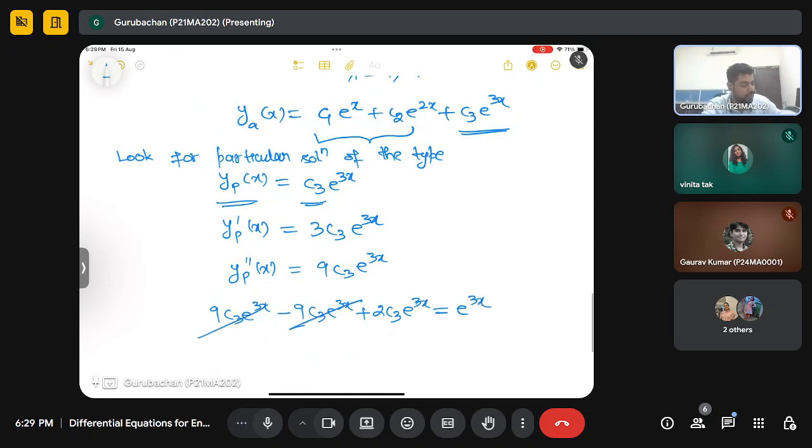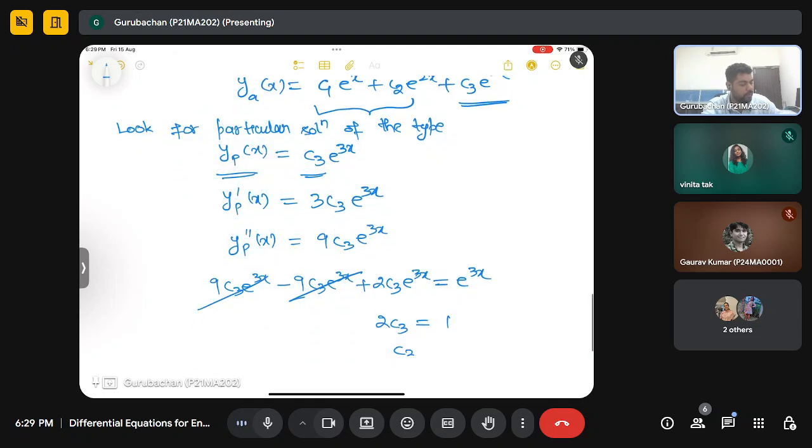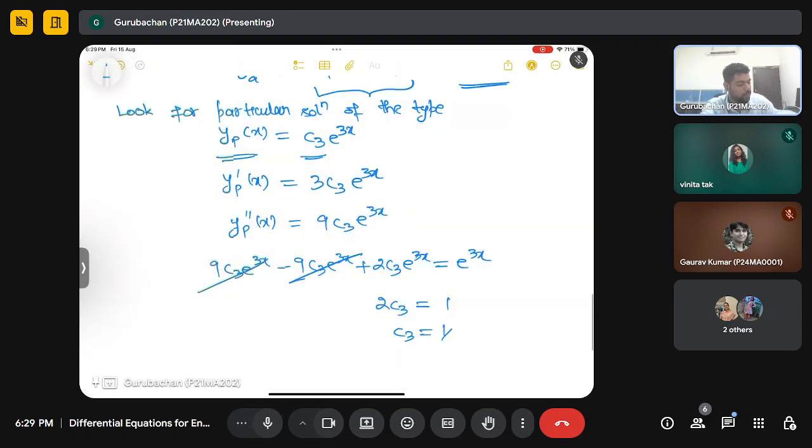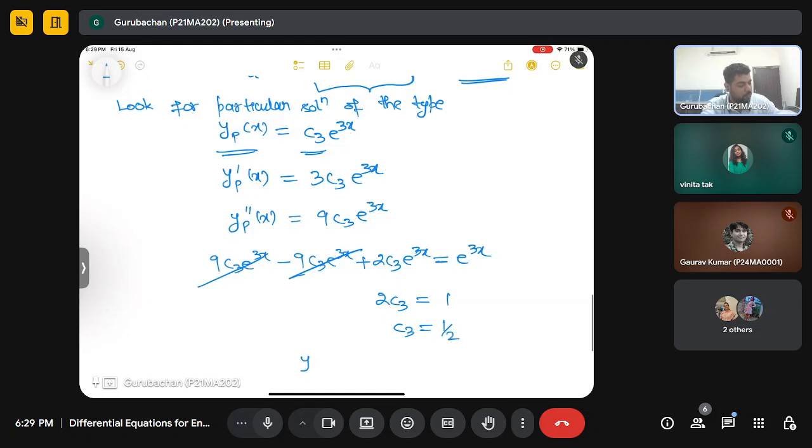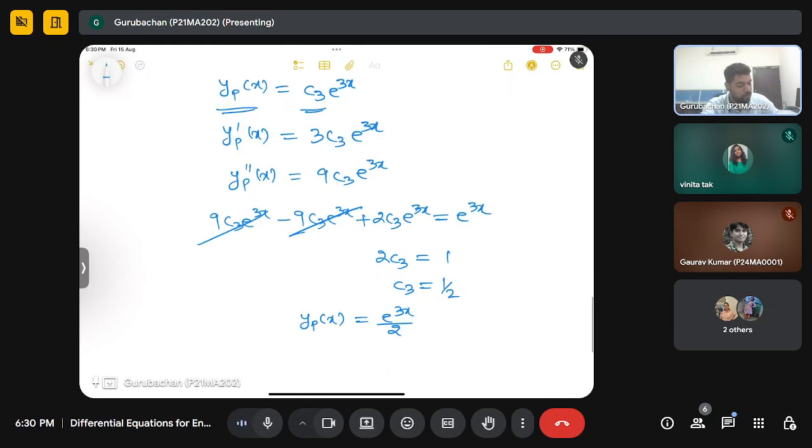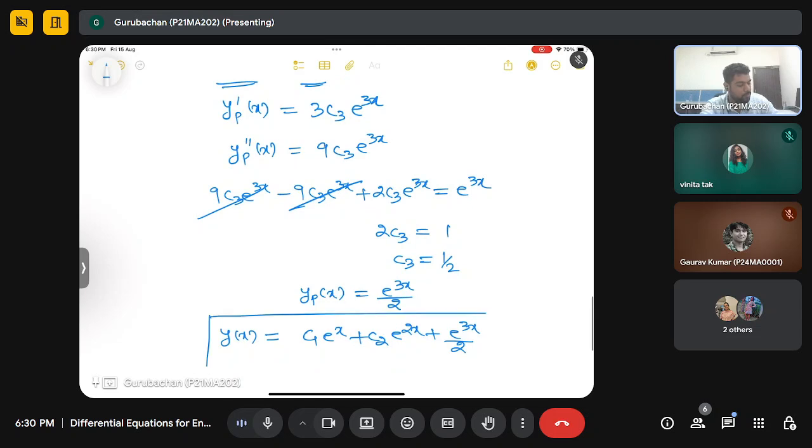These two terms cancel out and we get 2c3 equal to 1, so c3 equals 1/2. That means yp(x) will be e^(3x)/2, and our general solution will be the sum of the homogeneous solution and this particular solution: c1 e^x plus c2 e^(2x) plus e^(3x)/2.